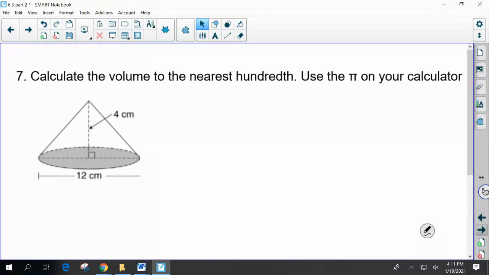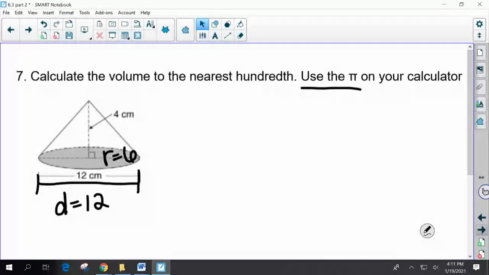Okay, number 7 looks a little bit different. This is a cone. However, this 12 right here is going all the way across the circle. So this is showing a diameter of 12. So we have to use radius. In order to find the radius, remember we have to cut that in half. So we would have a radius of 6, and we are going to use the pi button. So capital B would equal pi times 6 squared. So capital B would equal 36 pi.